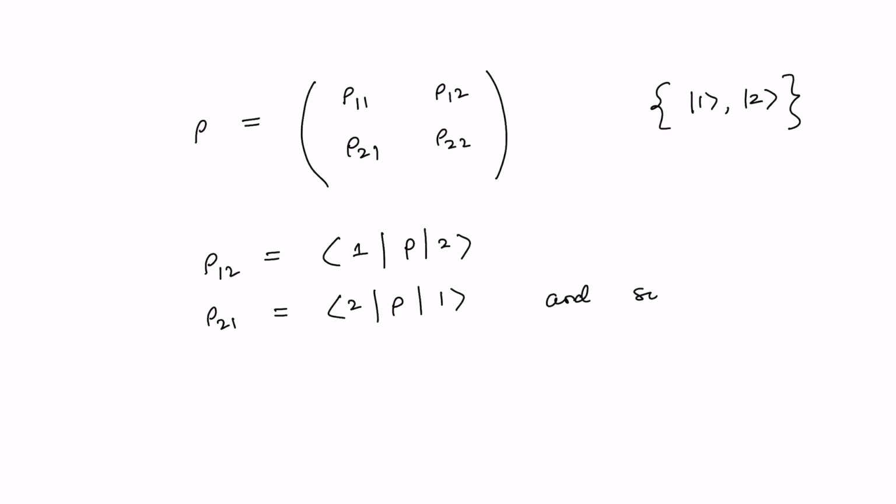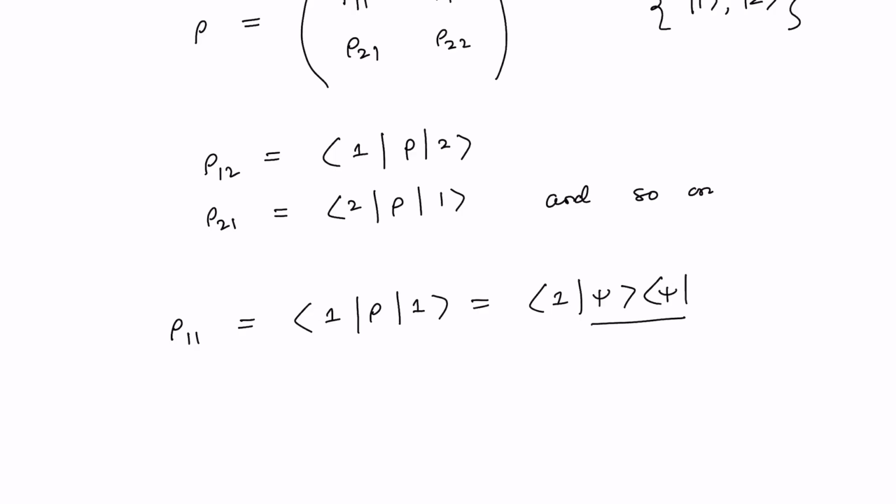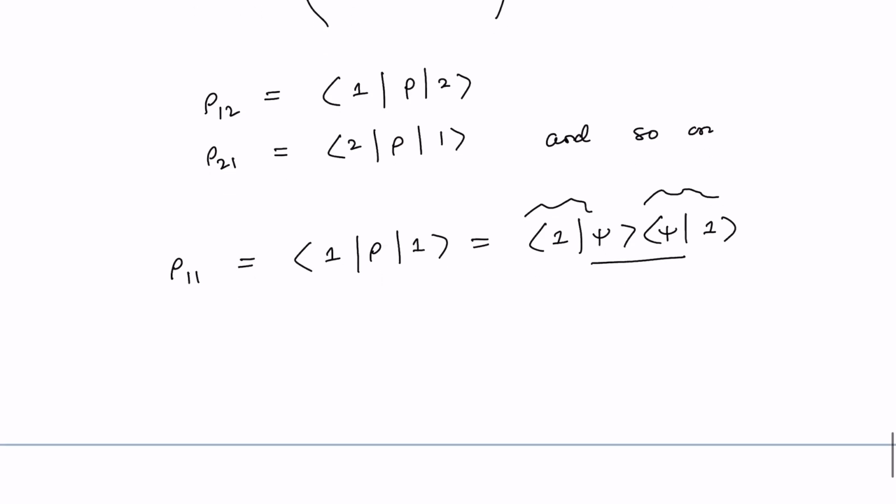Now rho 11 is actually bra 1 rho ket 1, and if I open it, I have bra 1 ket psi bra psi ket 1, that is what rho 11 is. And these two terms are basically numbers, and they are complex conjugates of one another. So this would be simply the modulus square of bra 1 psi.